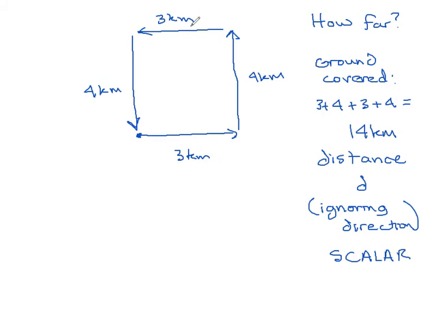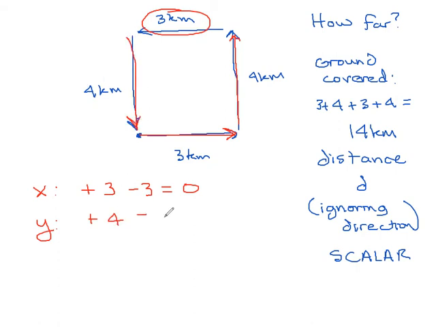Another way that we could have counted this, as you saw when we talked about vector components, is I could say in the x direction, see I'm using the word direction already the instant I start doing this, I have a positive 3 from when we went east, and then I have a negative 3 from when we went west, total of 0. In the y direction, I have a positive 4 from when we went north, and then a negative 4 from when we went south, total of 0 again.